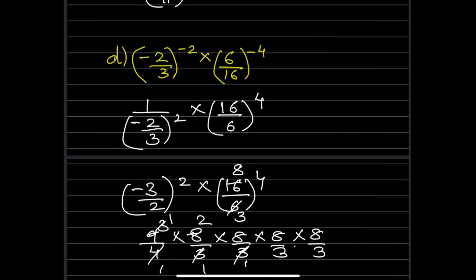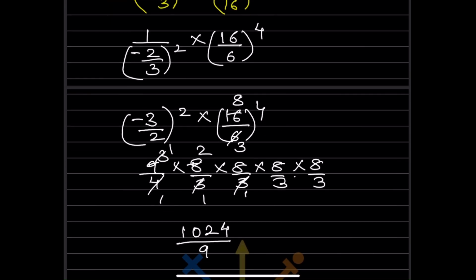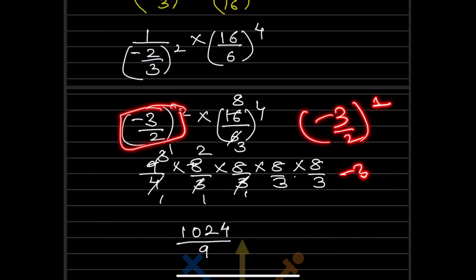So now what you can do here, you can also write this one as, now this is in the fraction, so this is going to be minus 3 by 2 raised to 2. This you will write the same. So now first thing we are going to see this one. So we can write here minus 3 by 2 into minus 3 by 2.